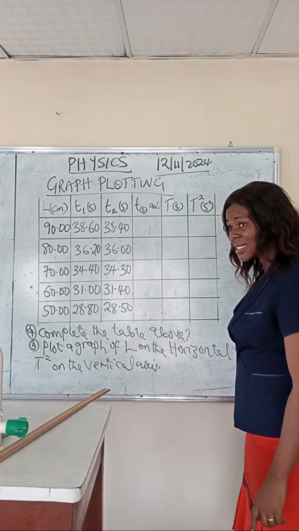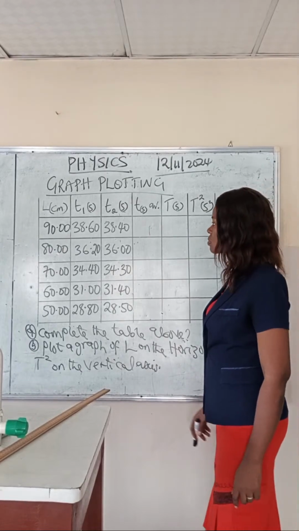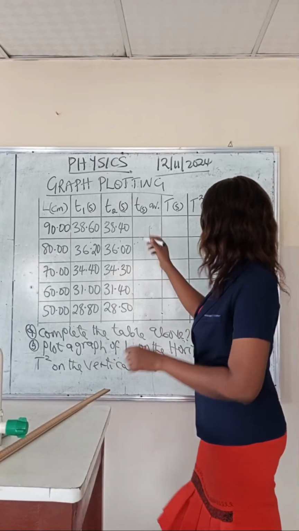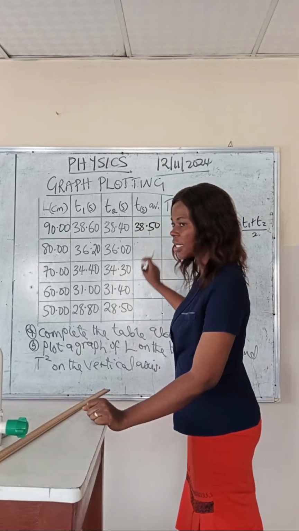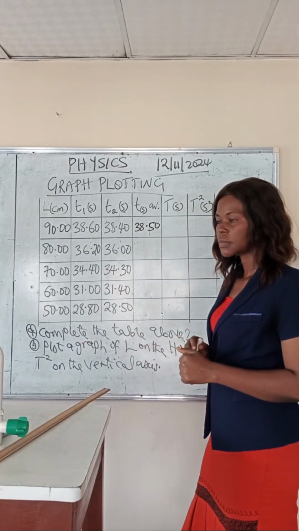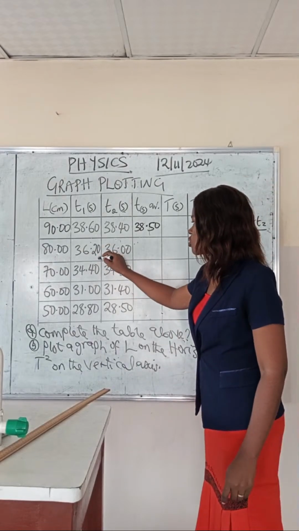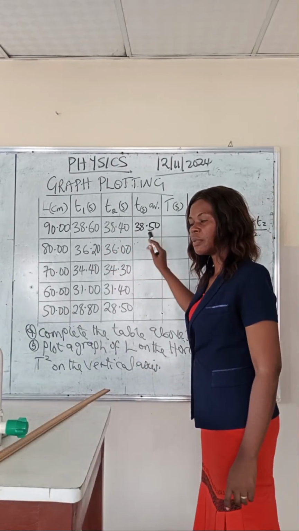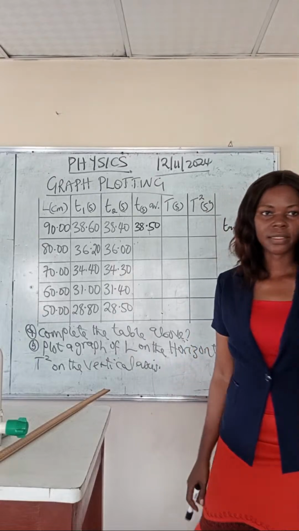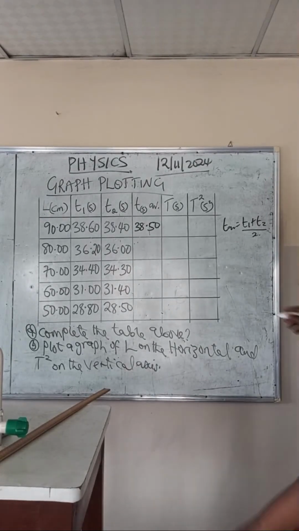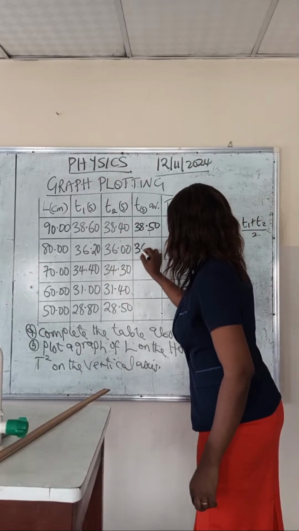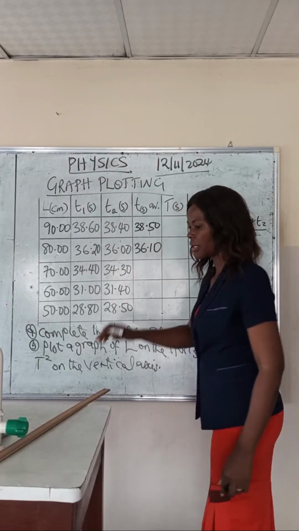You add it, divided by 2, 38.50. Okay, that is the average. Okay, do the next one. 36.20 plus 36.00 divided by 2. Get the answer. 36.10. Okay.